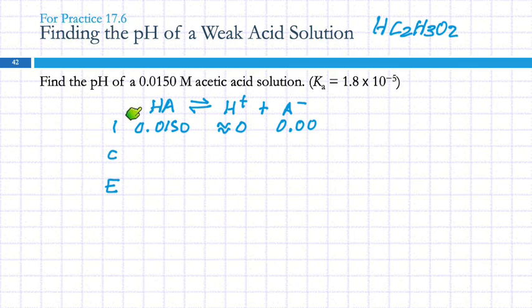So then the change here, this will go down by x, and these will go up by x. So 0.0150 minus x, x, and x.